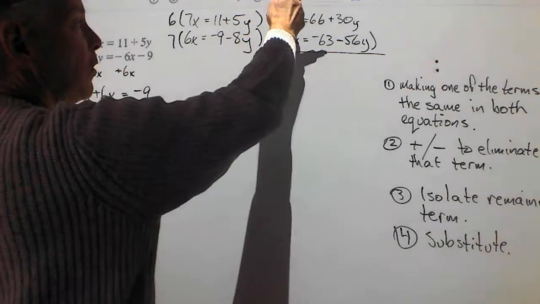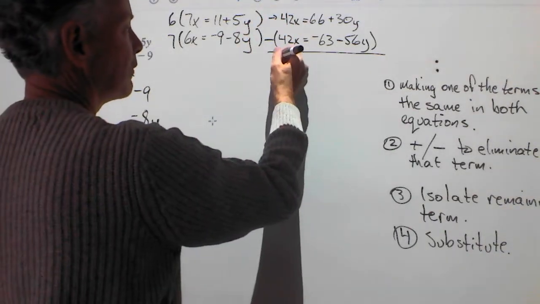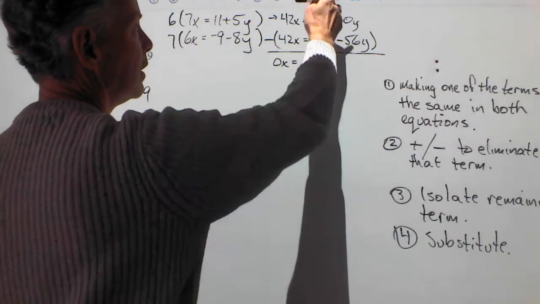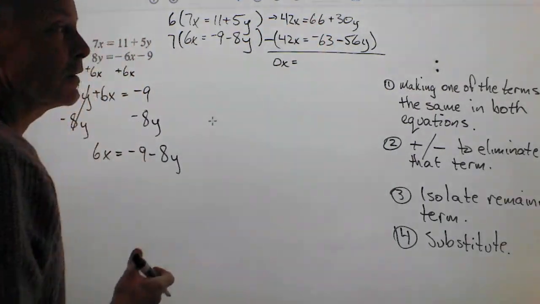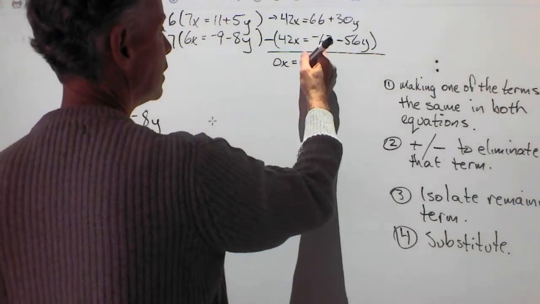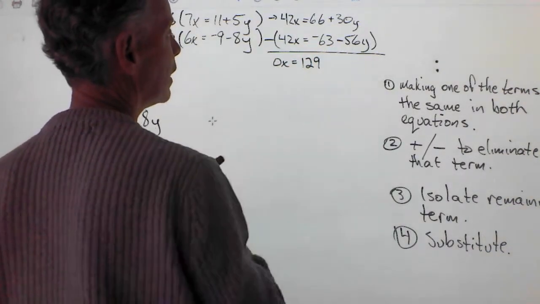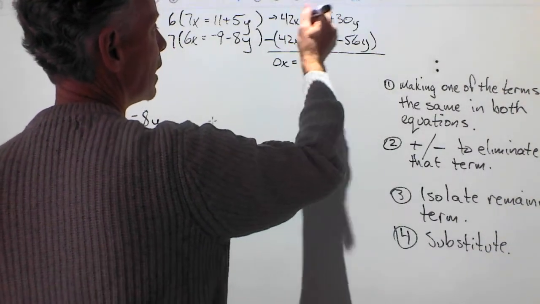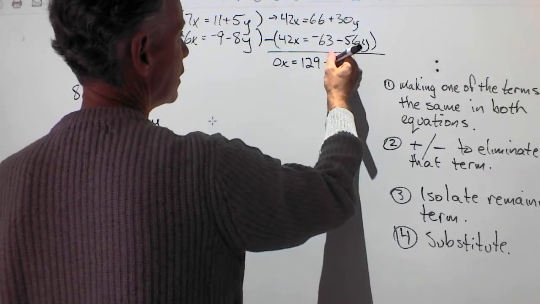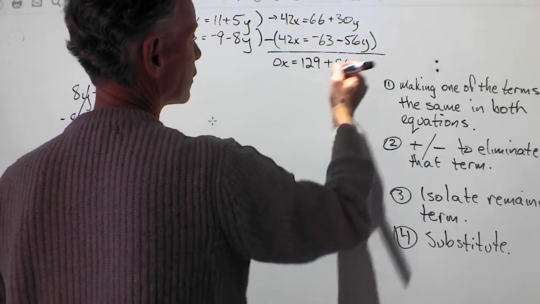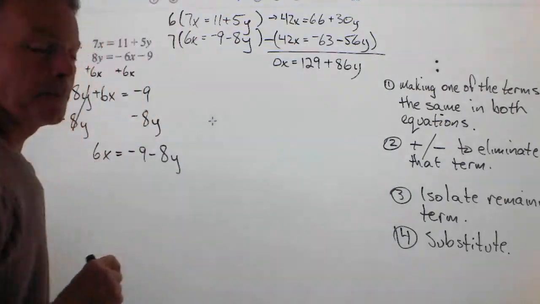Okay? 42 minus 42 will give us 0x. 66 minus negative 63 is like saying 66 plus 63. That'll give us 129. 30 minus negative 56 is like saying 30 plus 56. That will give us 86y.